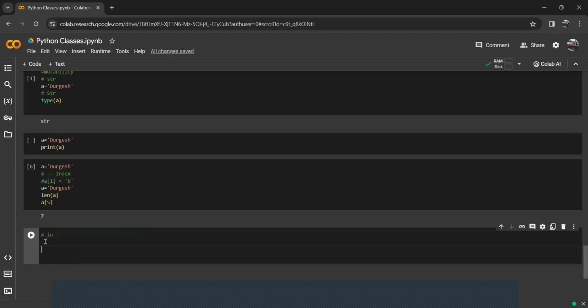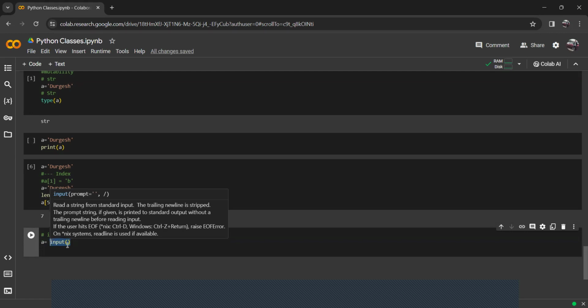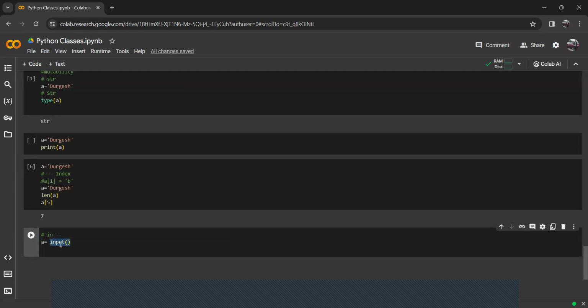So suppose I have defined a string. This time I want to take the input from the user. So I will write A is equal to input. And you know that if you are taking an input from a user, then by default that input will be in the form of a string. If you want to make it an integer, then you have to apply int here and close this.